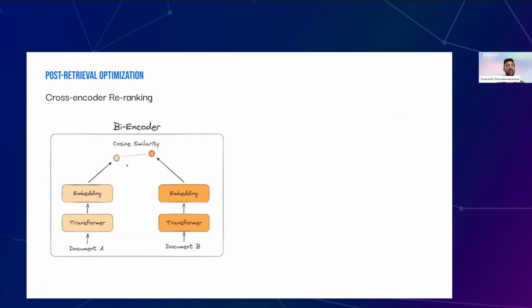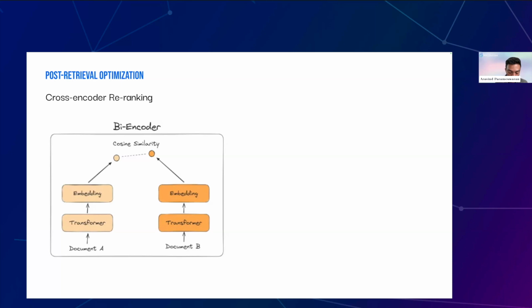That's done as a pre-processing step, like we discussed earlier. When your query comes in, you do the same thing: you pass it through the model, and now you have one single vector representation of that query as well. Then you just do a cosine similarity search, and you end up with a bunch of documents which are very similar to the query that has come in.